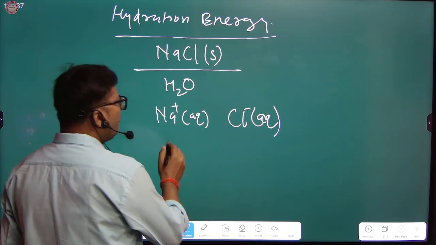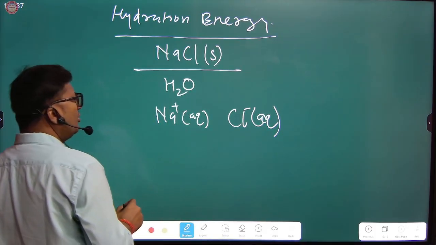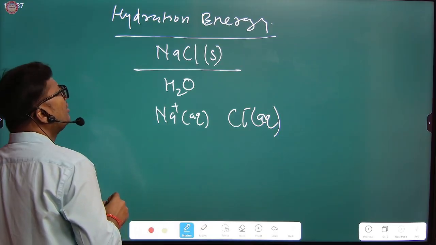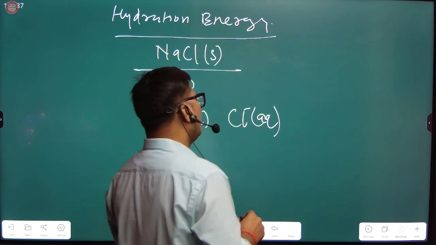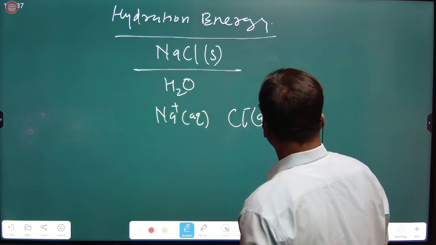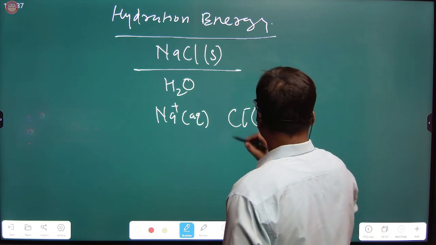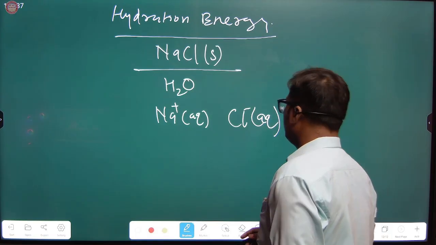The number of H2O molecules that surround the cation will determine the energy of hydration. Similarly, the number of H2O molecules that surround the anion also determines the hydration energy.